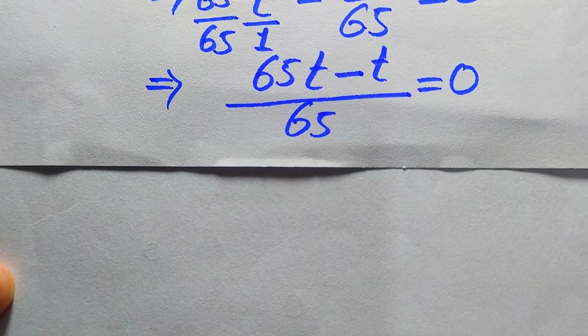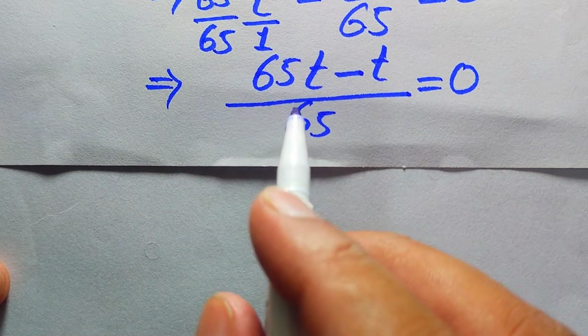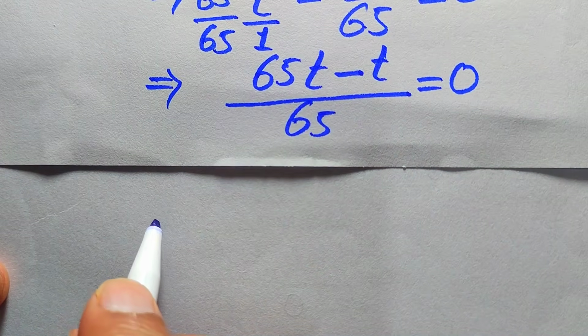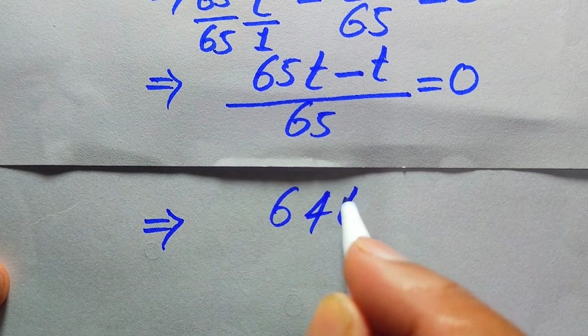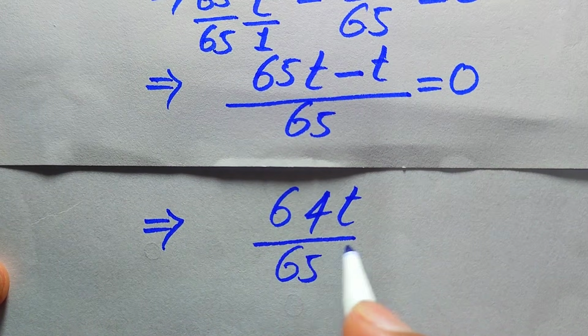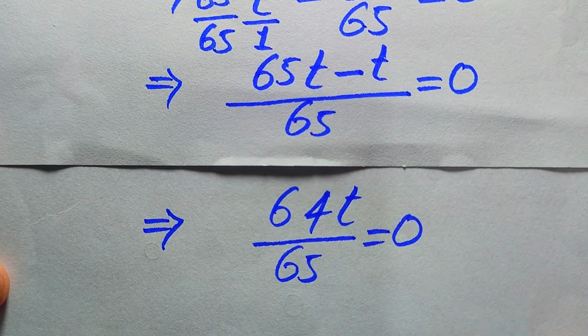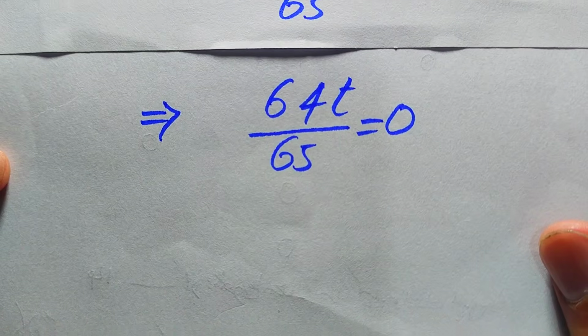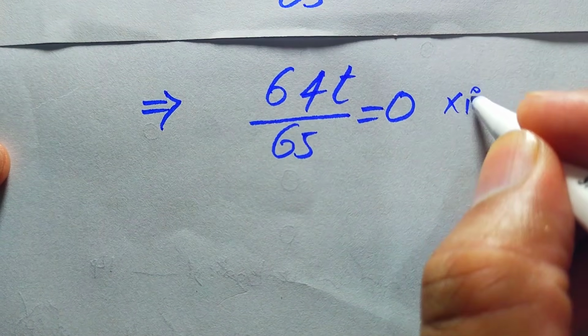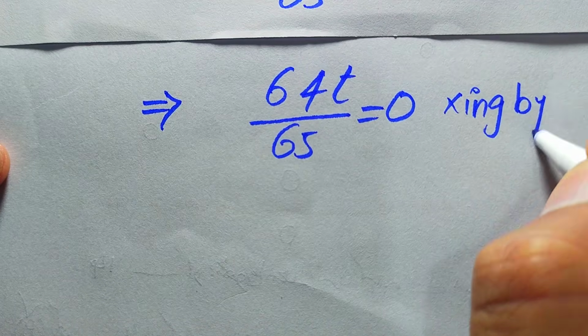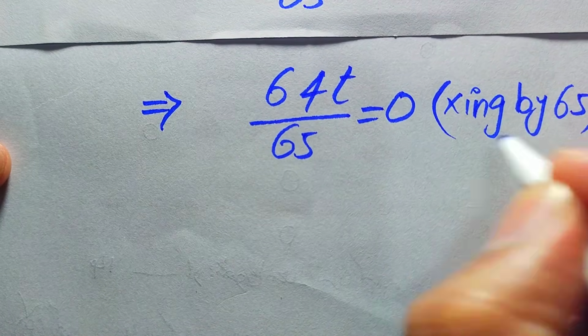In the next step, you see that 65t minus t becomes 64t, and it is divided by 65 is equal to 0. Further, we need to remove 65 from the left hand side, and for this we multiply both of the sides by 65.